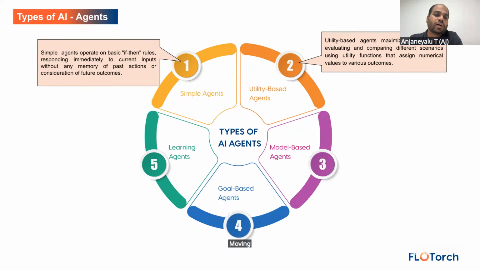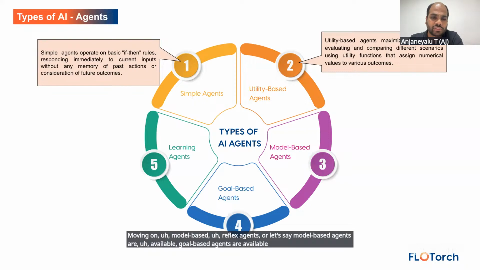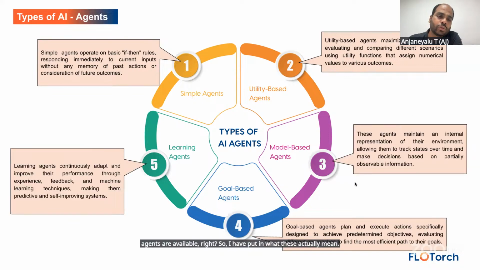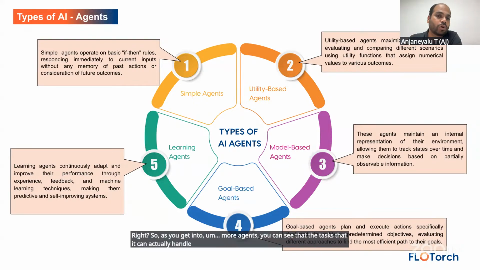Moving on, model-based reflex agents, or model-based agents, are available, goal-based agents are available, learning-based agents are available, right? I have put in what these actually mean. As you get into more agents, you can see that the tasks they can handle will be much more complex in nature.